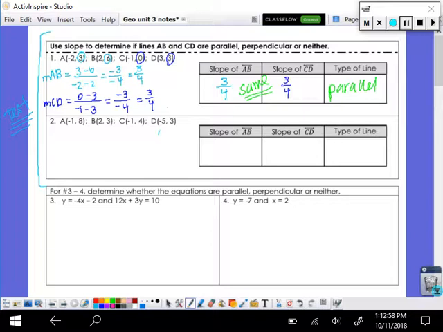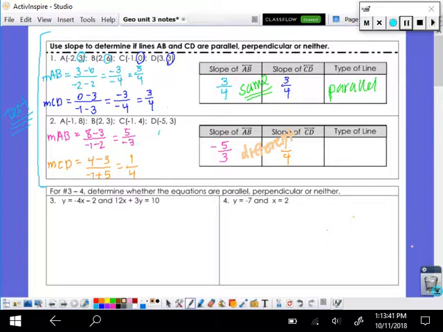The first I'm going to do slope of A, B. I got them to be different.